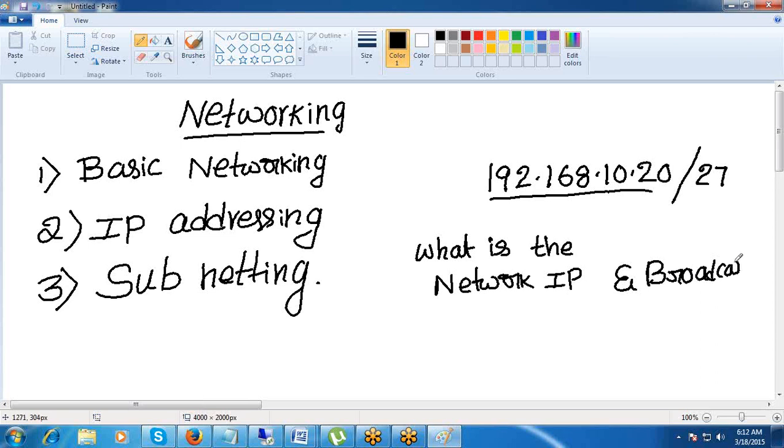What is the network IP and broadcast IP for this? 192.168.10.20 is the network IP address, and the broadcast IP address is 192.168.10.255.